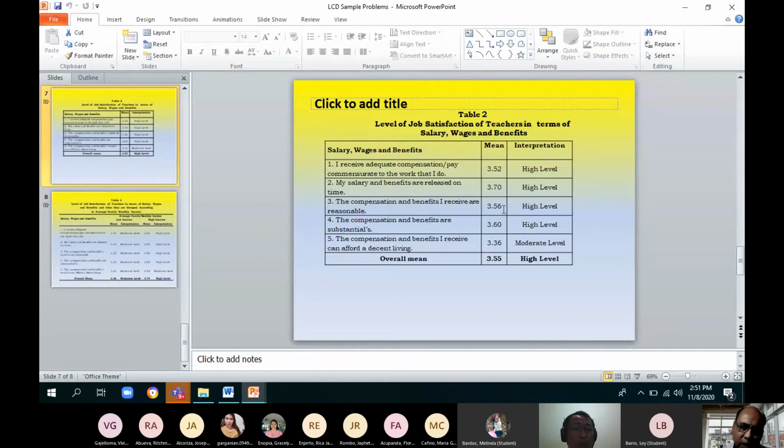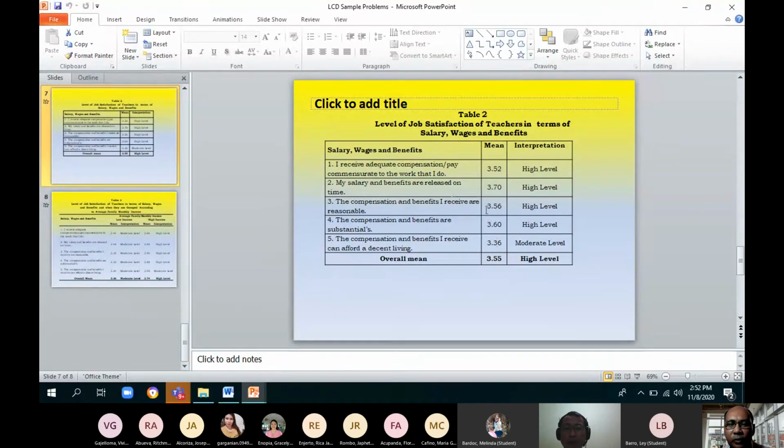The rest, wala na. Now, for example, kung there are 10 items ang inyong instrument, ang test question mo per area is 10. The same lang, do not discuss all the 10 items. Do not discuss. Only the highest, the lowest, and the overall.